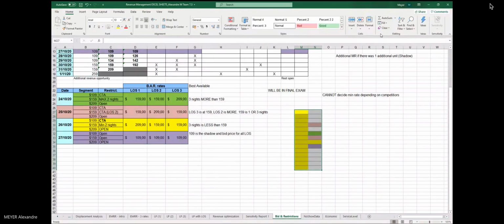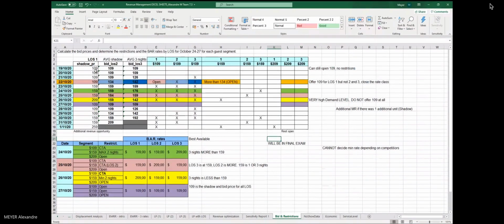Let me just clear this. So how do you find the bid price for LOS2? Well, the bid price for LOS2 would be the average, right? You take the average. So this is how it works. It's not necessarily the shadow price anymore. It's the bid price, and this is your threshold, the threshold that you have to allocate rooms at a given length of stay.